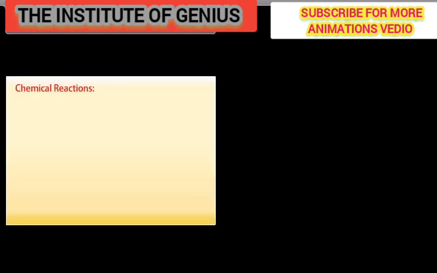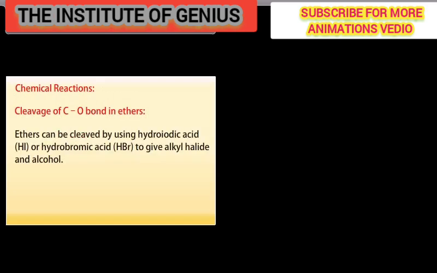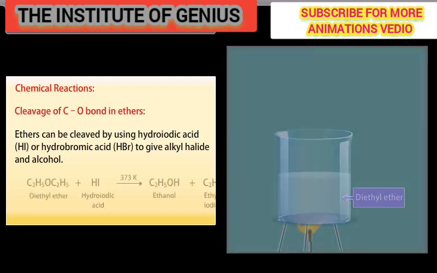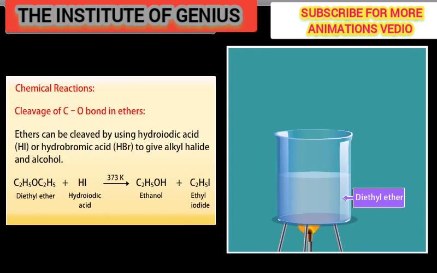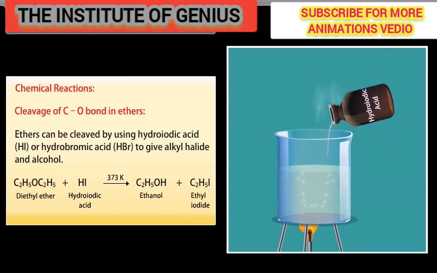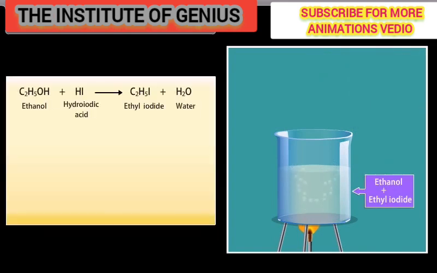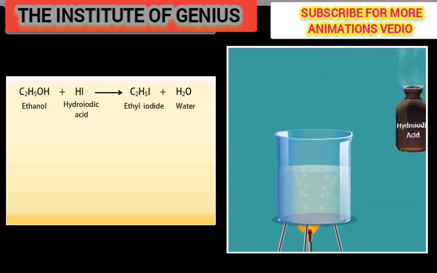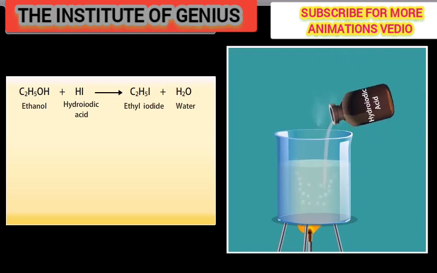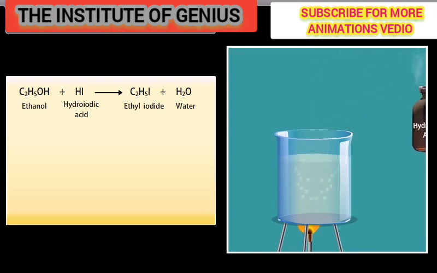Chemical reactions. Cleavage of C-O bond in ethers. Ethers can be cleaved by using hydroiodic acid or hydrobromic acid to give alkyl halide and alcohol. Hydroiodic acid reacts with diethyl ether and it forms ethanol and ethyl iodide. With excess hydroiodic acid, the alcohol formed further reacts to form ethyl iodide.